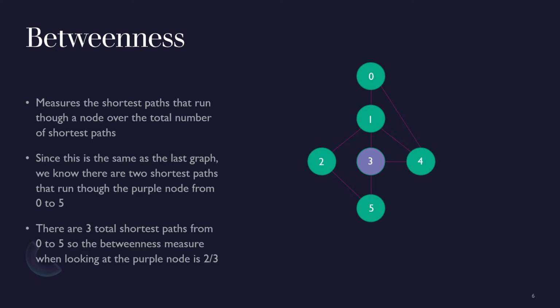Again, if we're looking at traveling from node 0 to node 5, there are 3 total shortest paths: 0, 1, 3, 5, 0, 4, 3, 5, and 0, 1, 2, 5. And if we're looking at node 3, the purple node, the betweenness would be 2 over 3, since 2 of the shortest paths travel through node 3, and there are 3 total shortest paths.